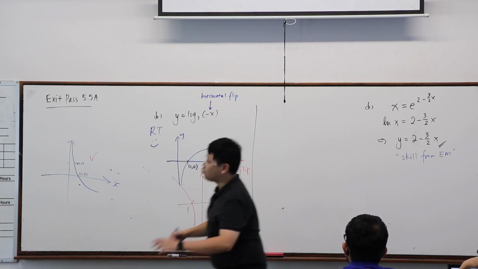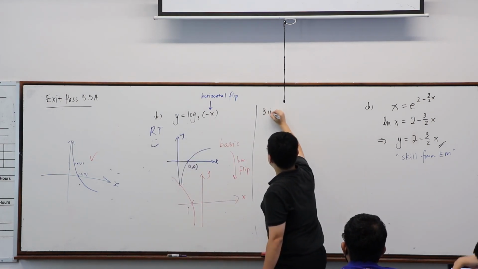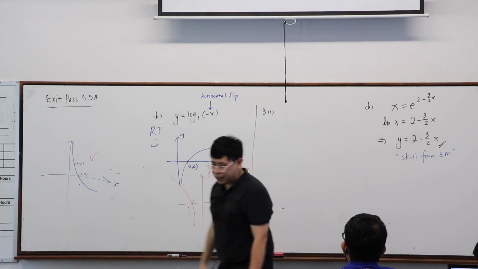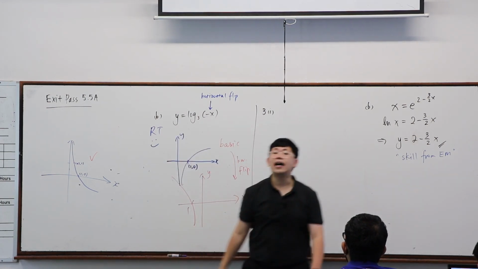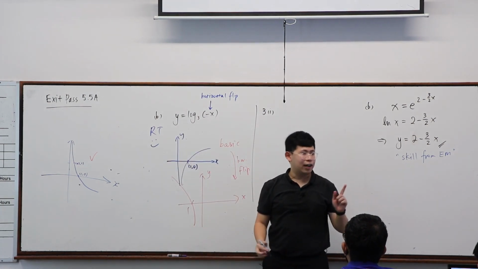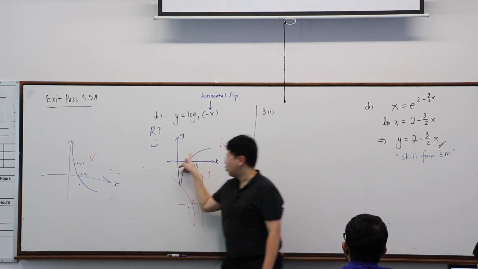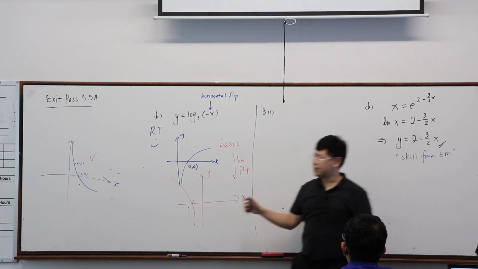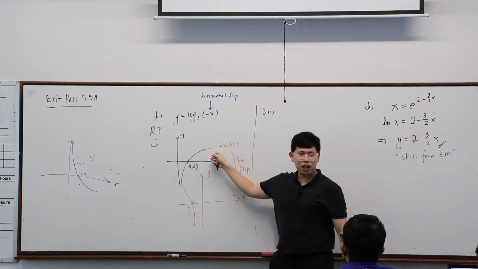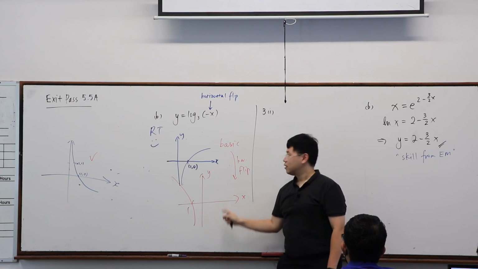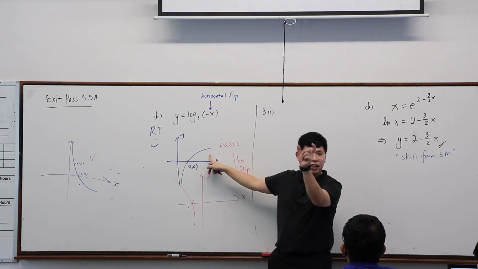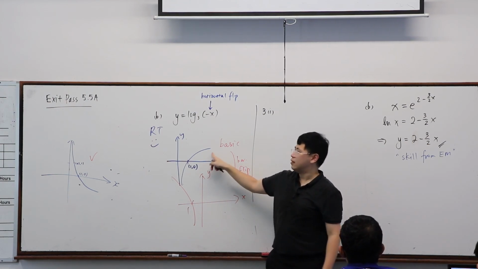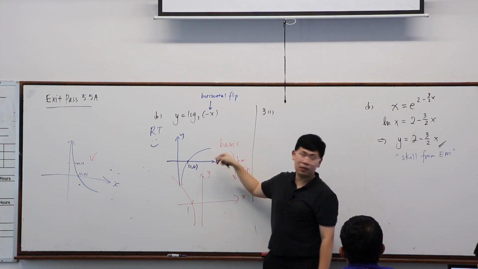Let's look at number 3, part 1. Now on the same axis, we need to draw two graphs. We need to draw log base 15 of x. Which shape is it? Number 1, number 2, or number 3? Number 2, because the base 15 is a positive number, so it follows the basic logarithm curve.